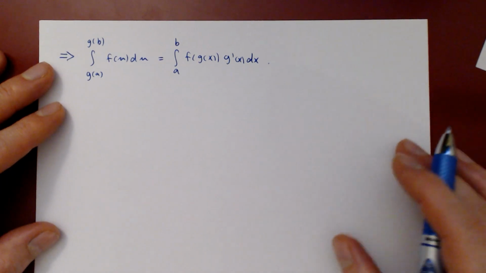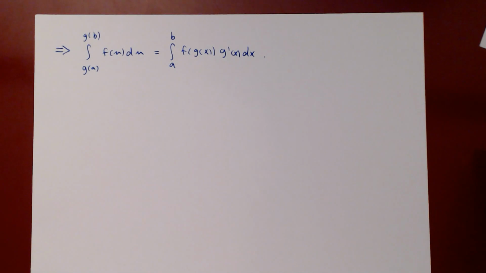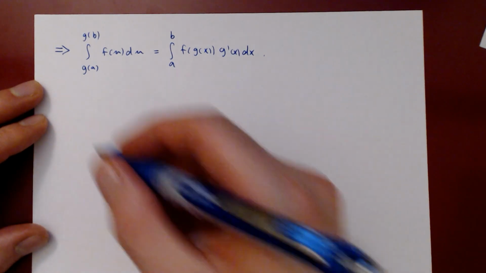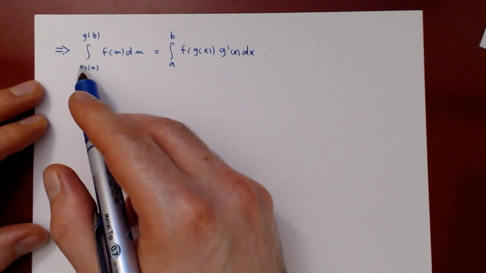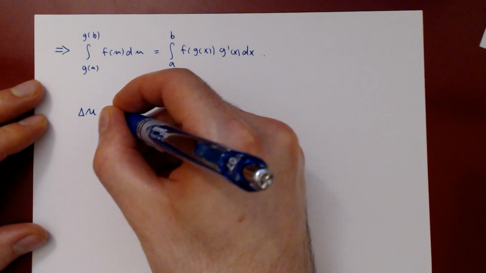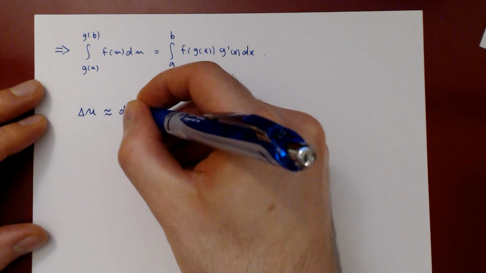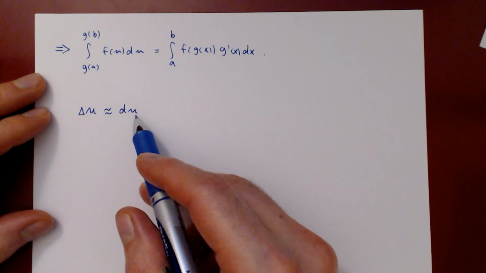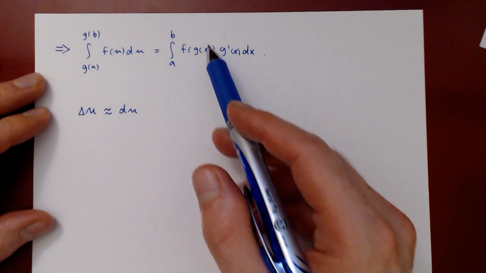And so what is the big takeaway here, right? Fundamentally, all we did in the original slick argument why these would have to be equal was that the exact length of the new intervals of the partition in the new integral could be not found exactly, but approximated by the differential, which is the linear approximation, and that this approximation is good enough so that in the limit, the new integral equals the original one.